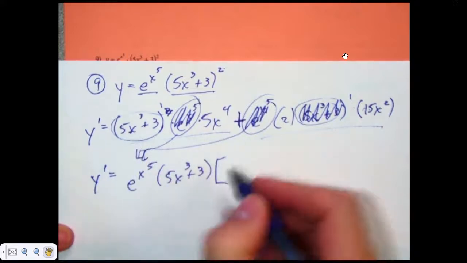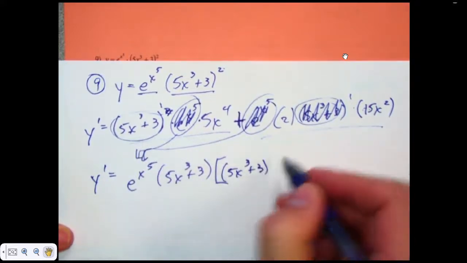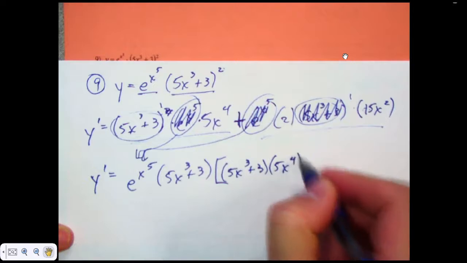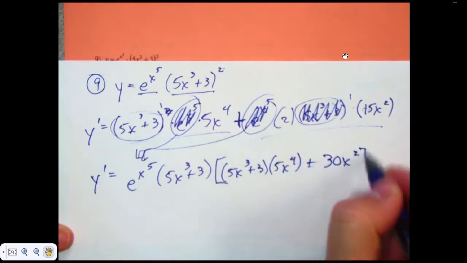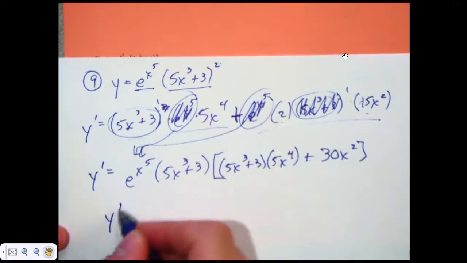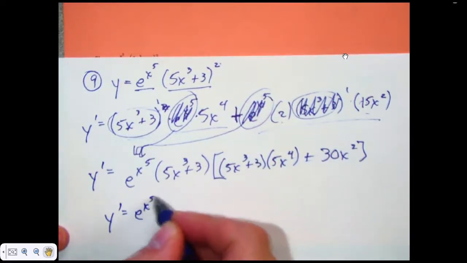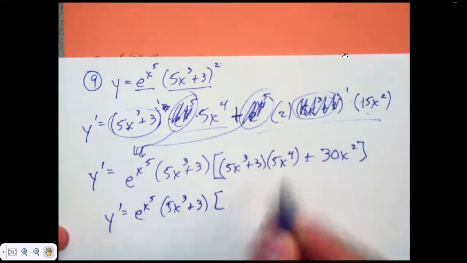And then what's left in this term is 5x to the 3rd plus 3 times 5x to the 4th. And what's left in this term is 30x squared if I multiply those two things together. So we're almost there. The only thing I would ask you to simplify here is this stuff on the inside.